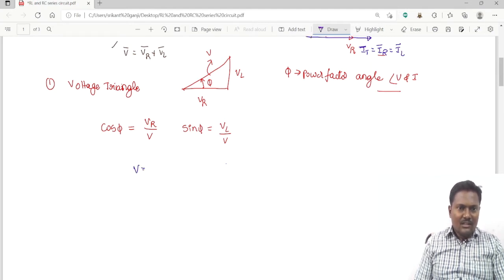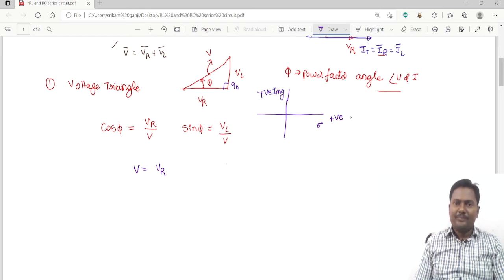And V is equal to V_R plus j V_L. With a real axis and an imaginary axis, V_L is on the positive imaginary axis, exactly 90 degrees leading.